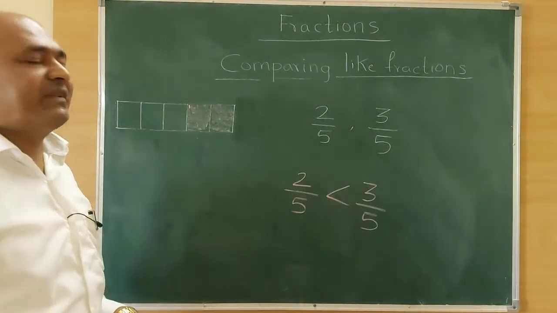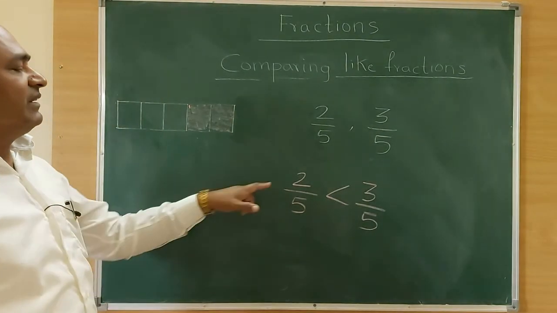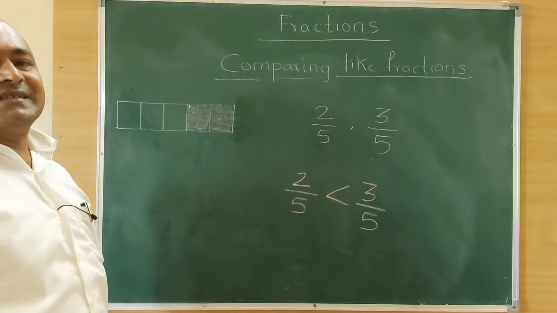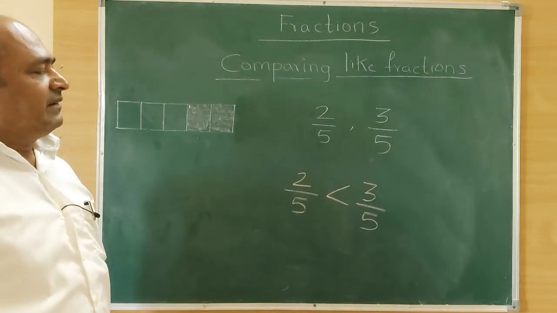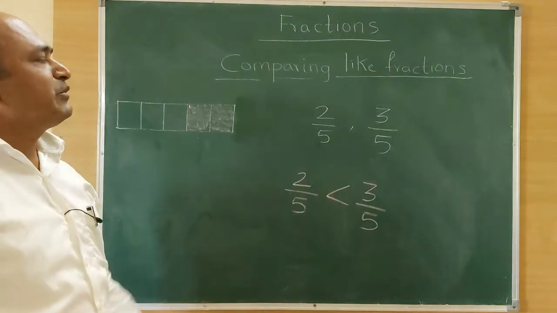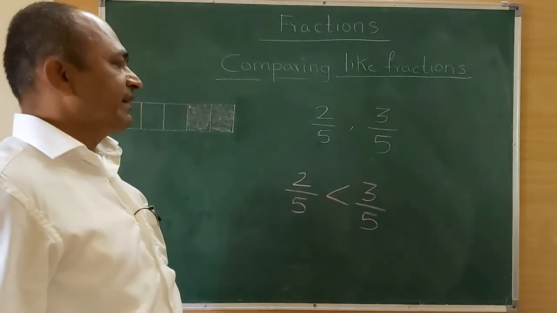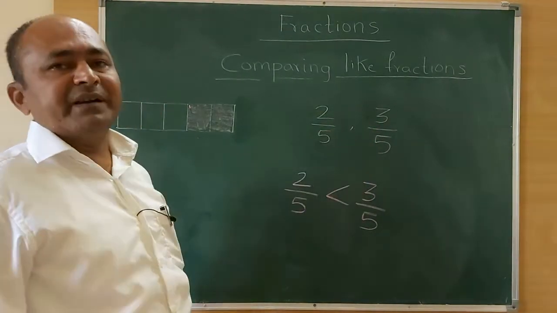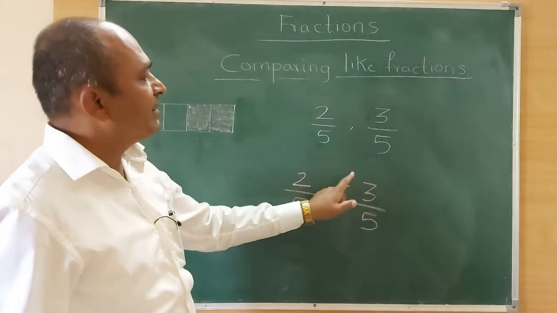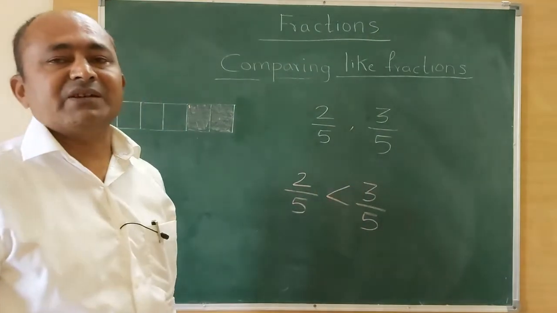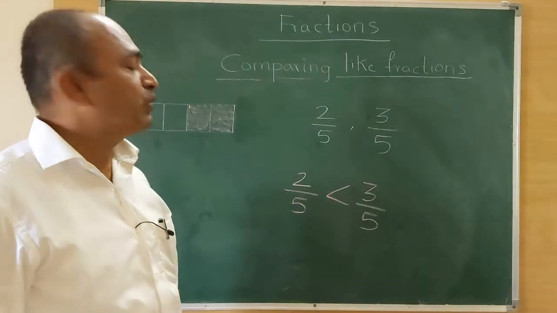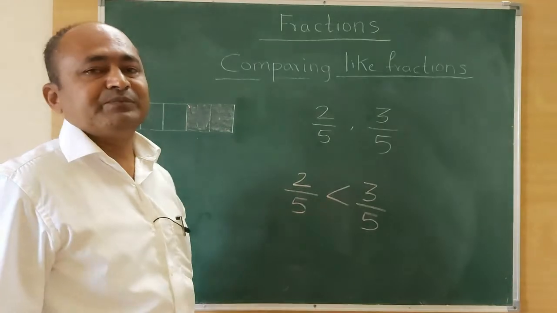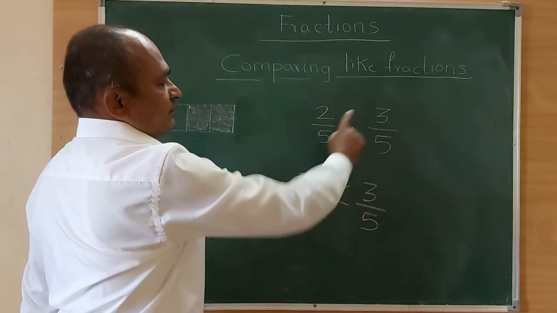So if the fractions are like fractions, meaning their denominators are the same, you have to focus on the numerator. The fraction with the greater numerator is the greater fraction. Here 3 is greater.